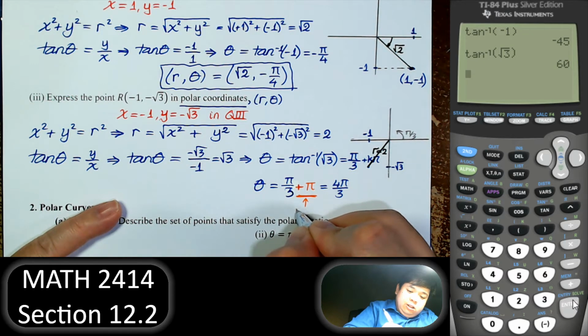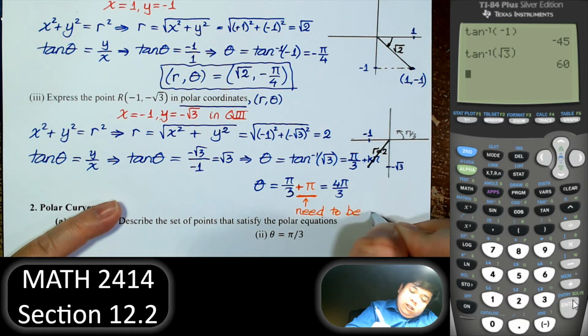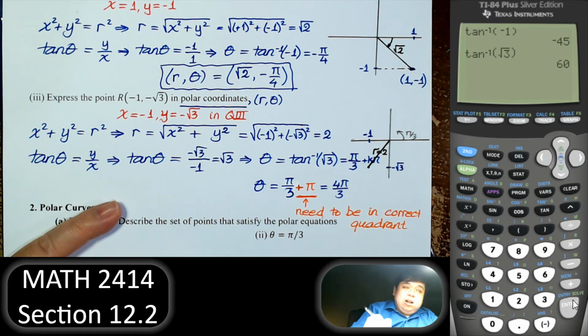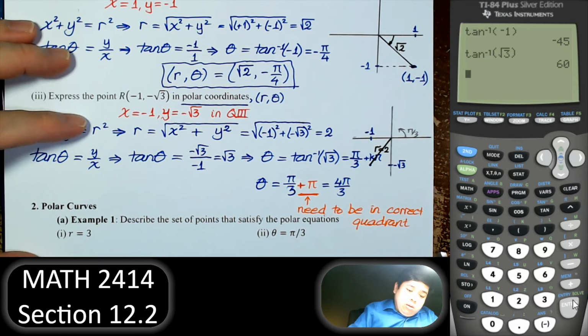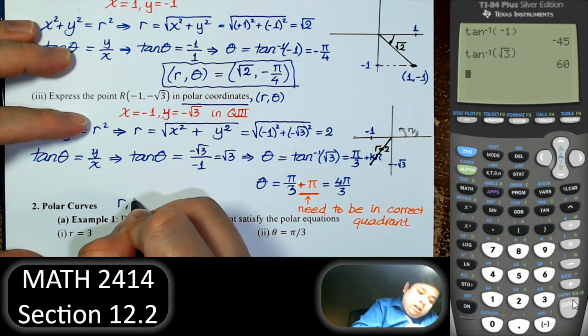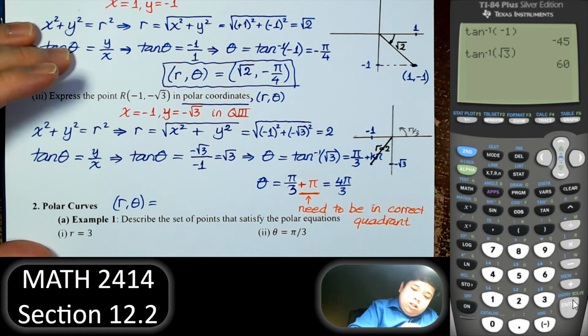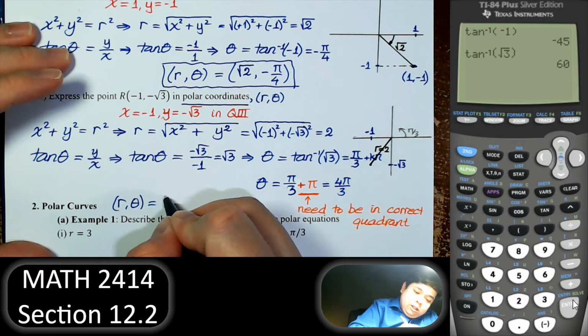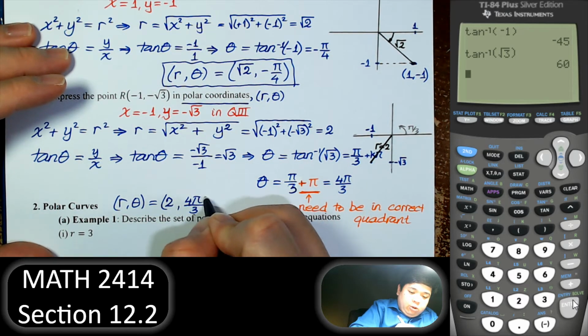So I just say need to be in correct quadrant. So sometimes we have to add a pi to it or subtract a pi from it. It's still just fine. Bottom line is the answer r, theta is equal to 2 for r and 4 pi over 3 for theta.